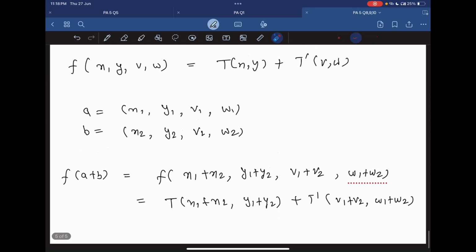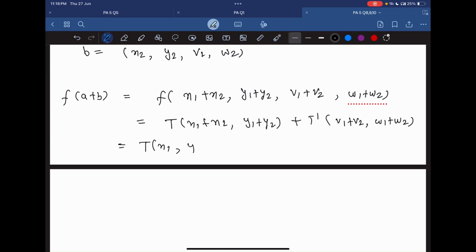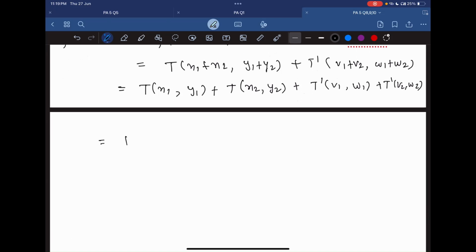Now as these two are linear transformations, we can write it as T of x1 comma y1 plus T of x2 comma y2 plus T dash of v1 comma w1 plus T dash of v2 comma w2. Now rearranging these terms, we will get T of x1 comma y1 plus T dash of v1 comma w1 plus T of x2 comma y2 plus T dash of v2 comma w2.